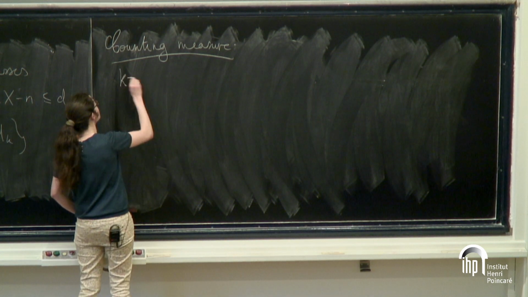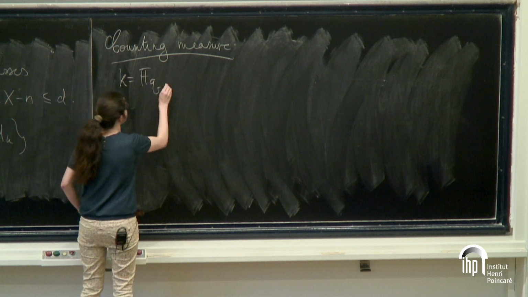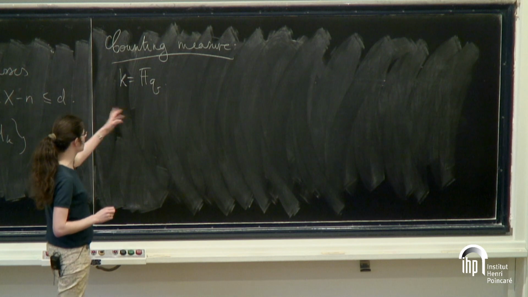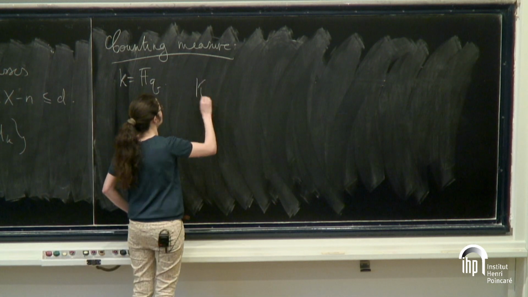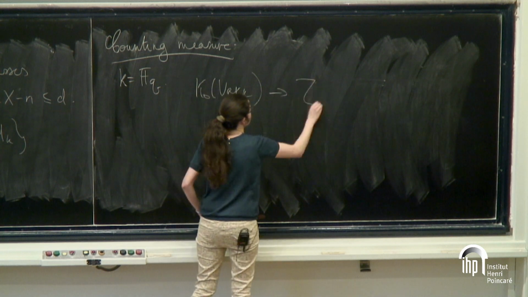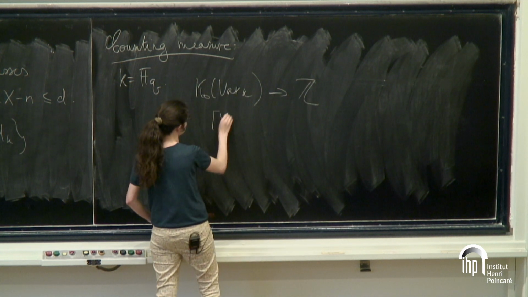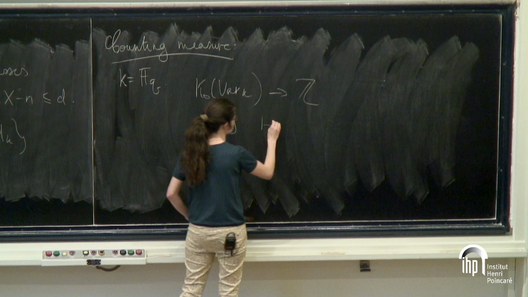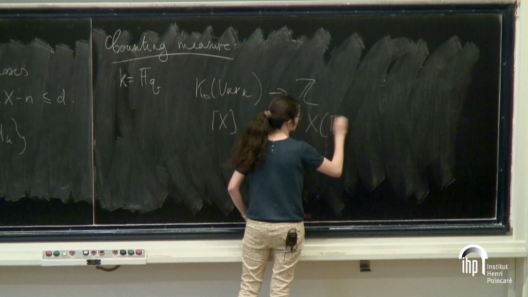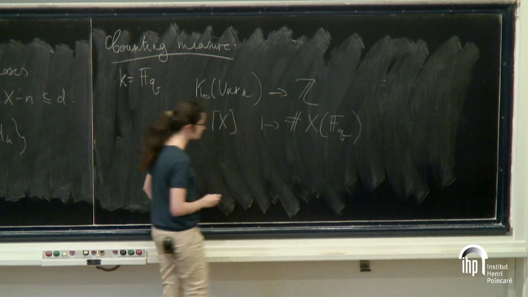And the simplest one can be defined only when K is a finite field, and which is given by sending the class of a variety X to just the number of its points over the given finite field.